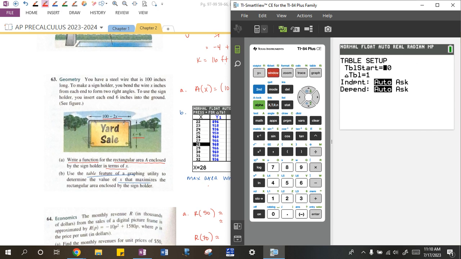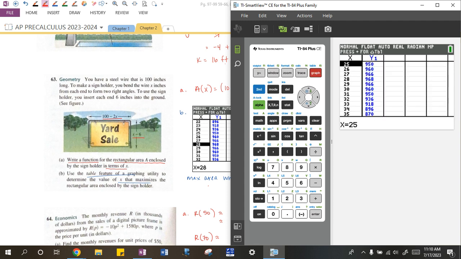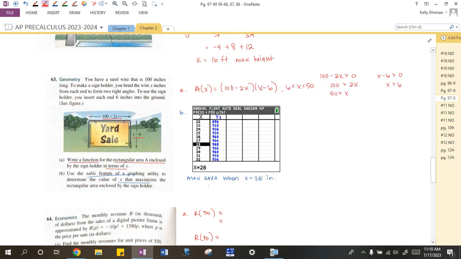I'm going to go to table set and tell the table to start at like 25, and then second graph. And I'm just looking for the highest area. So it looks like it's right here. At 28, we get 968. So we're using that table to say, yeah, about 28 inches.